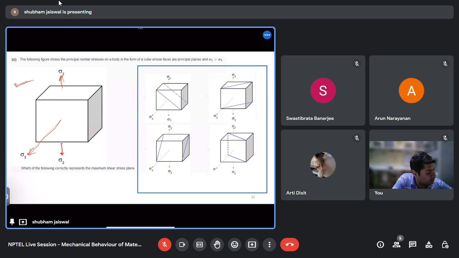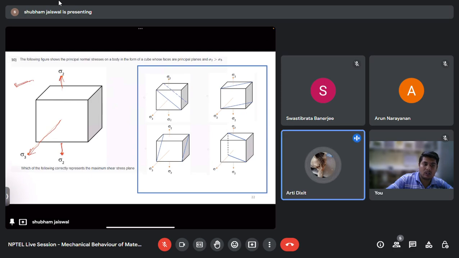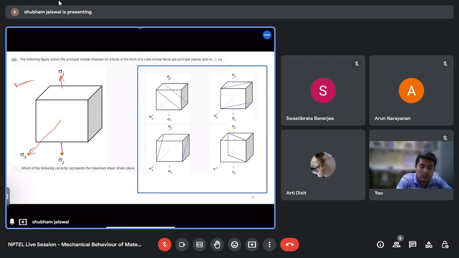Anyone? First figure. First one. And any other option? Second one.